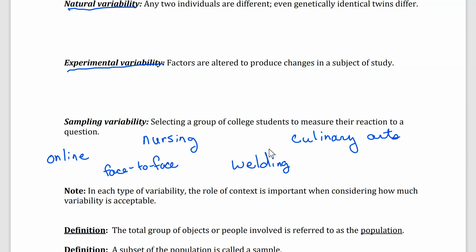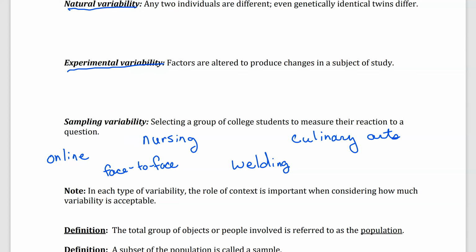In other words, if I vary my sampling, my responses may be completely different. So how I sample can create a variability in my statistics.